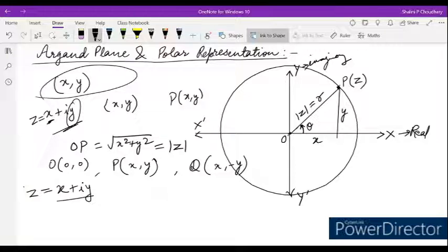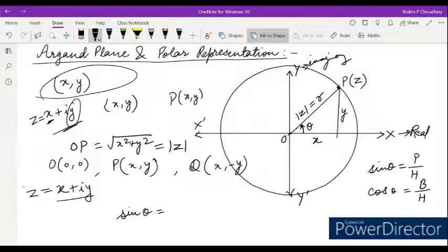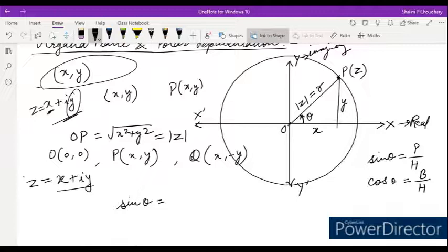As we all know, the value of sin theta is perpendicular upon hypotenuse, and cos theta is base upon hypotenuse. In this case, sin theta is equal to p upon h. Perpendicular is y, and h is r.